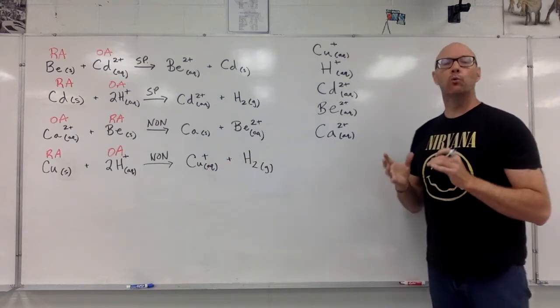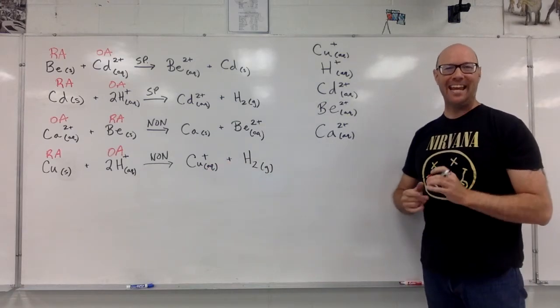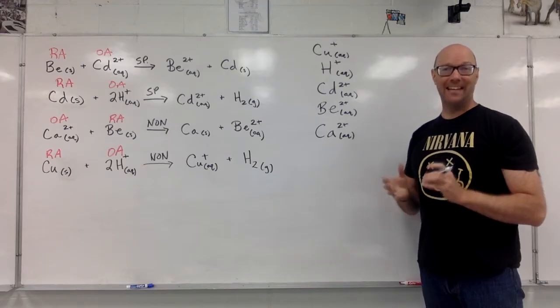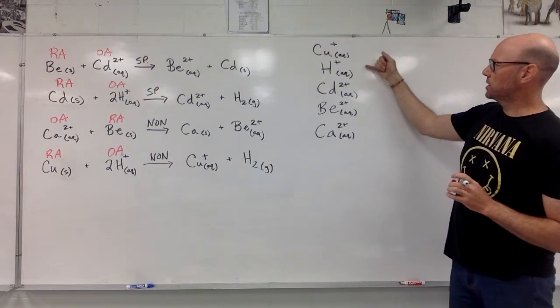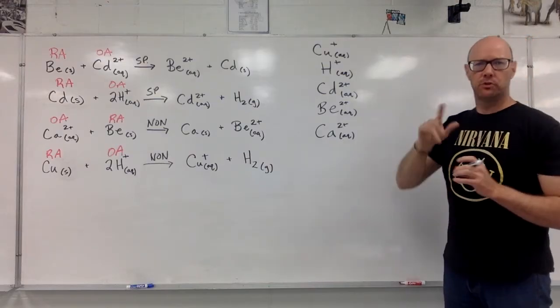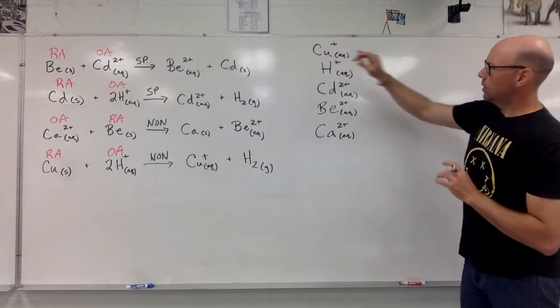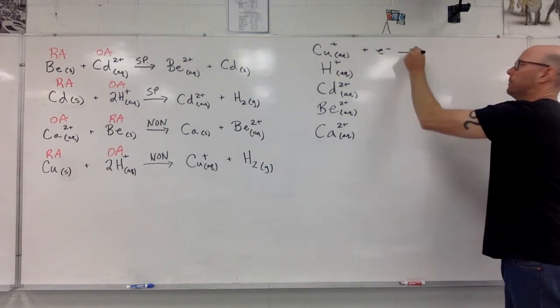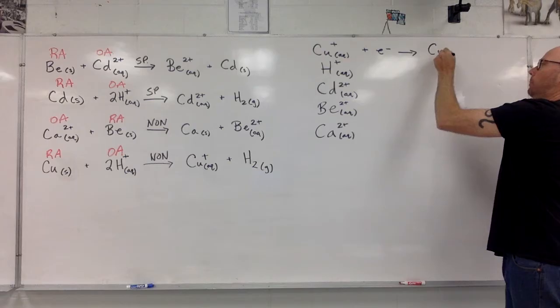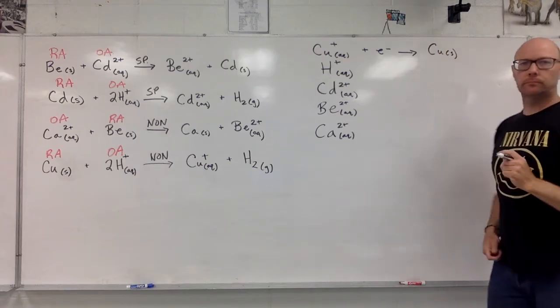Now I'm writing reduction half reactions. They're all going to gain electrons. They're going to gain the number of electrons that corresponds to the charge. Something special is going to happen with the hydrogen, so let's take them one at a time. Copper 1+ gains an electron to make copper solid.